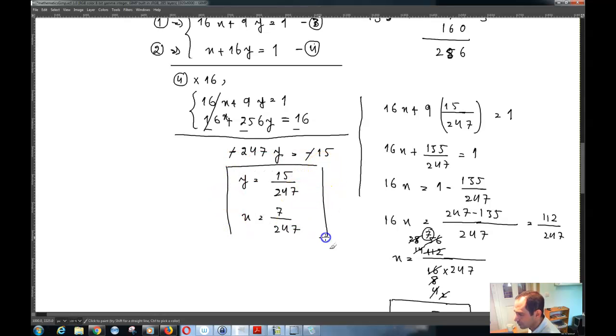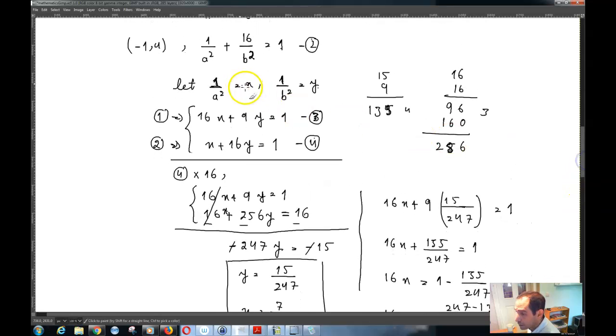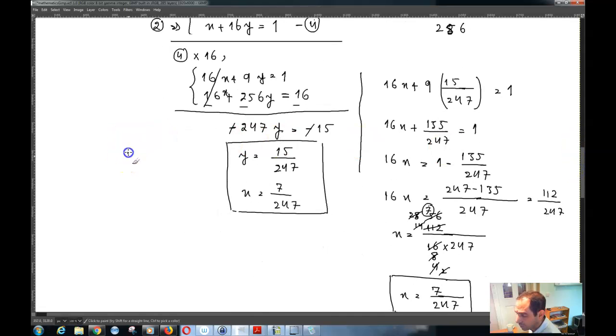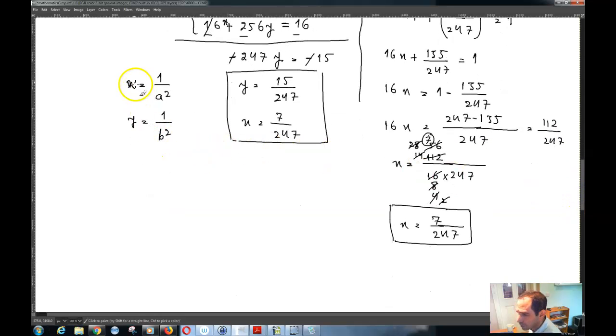Over here we said that x is equal to 1 by a squared, and y was equal to 1 by b squared. So 7 by 247 is equal to 1 by a squared.